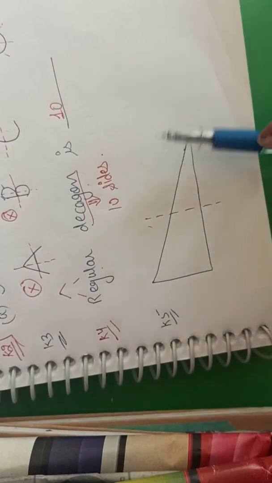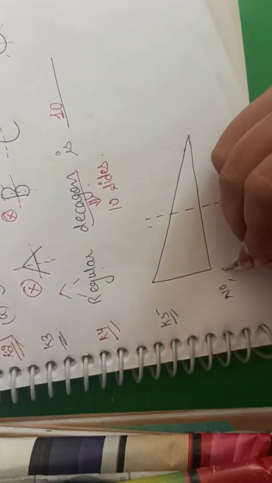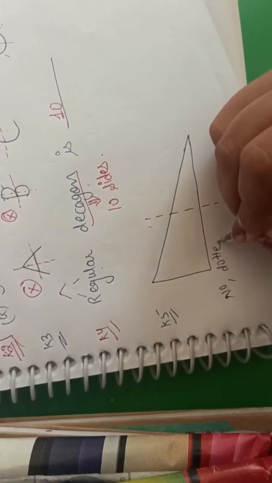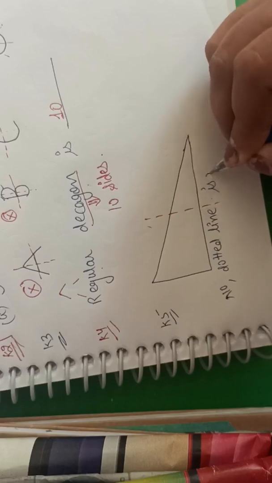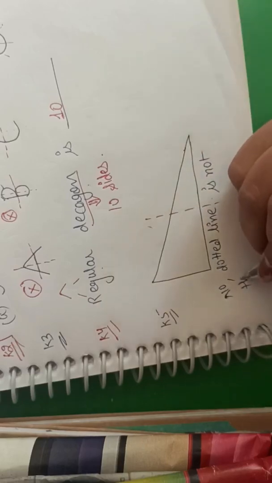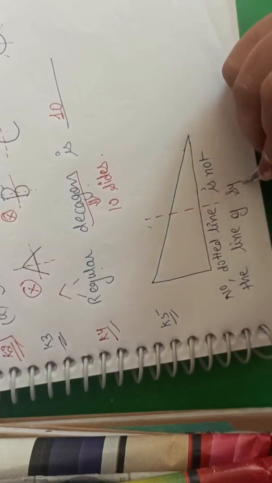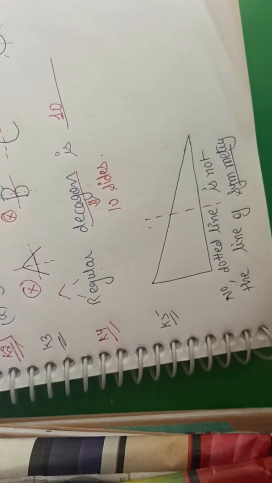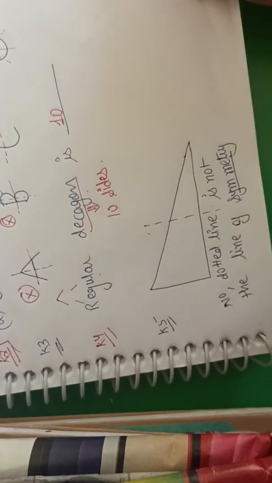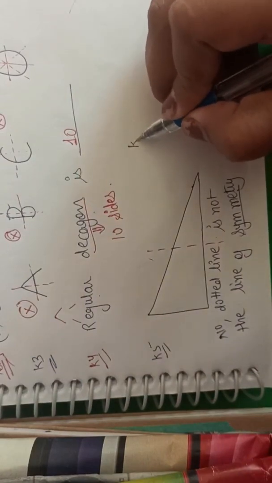This side is different and this side is different. So you will write no. The dotted line is not the line of symmetry. Right?